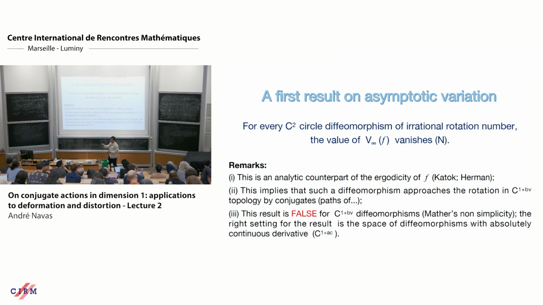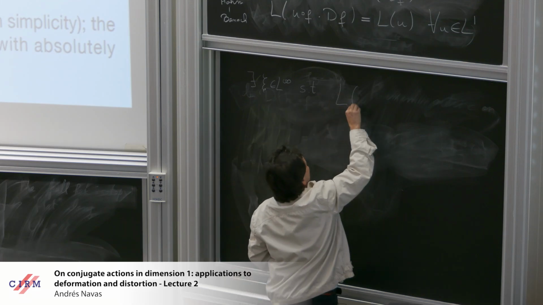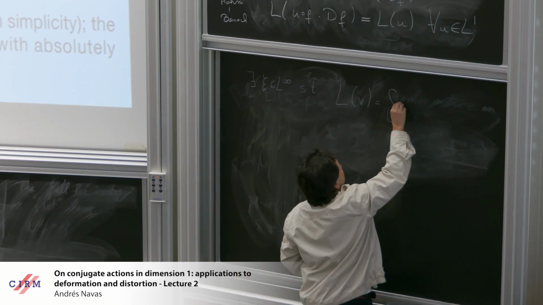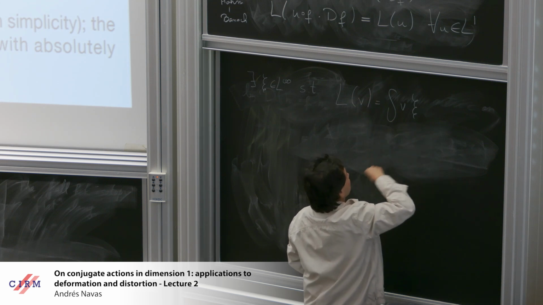integration against an L infinity function. So there exists a function g in L infinity such that L of v equals the integral. All the integrals are with respect to the Lebesgue measure.